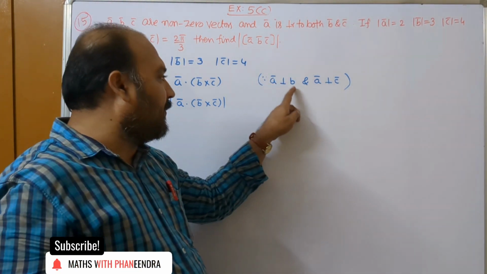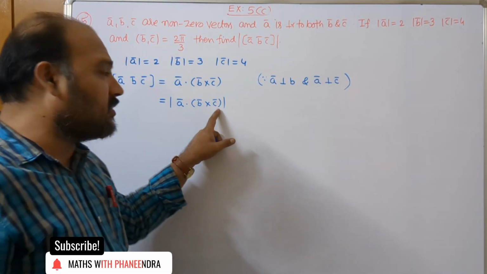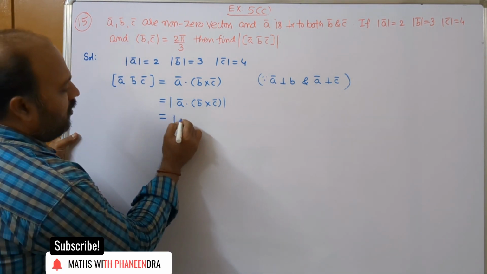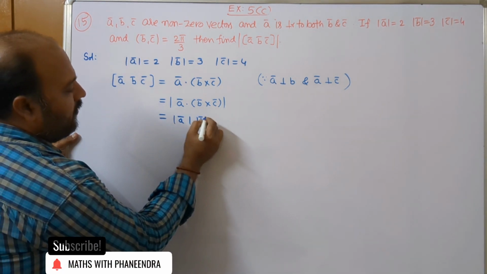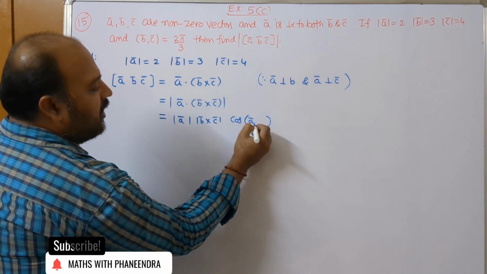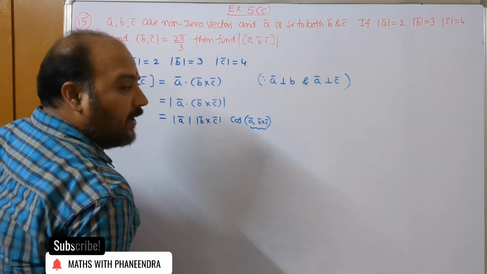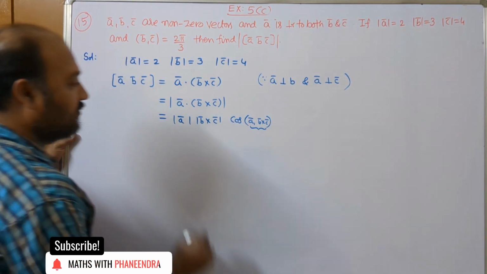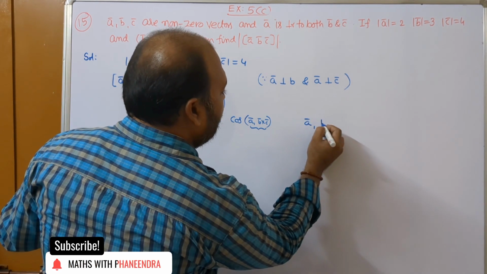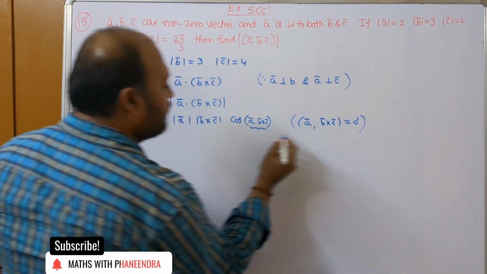Whenever A is perpendicular to B bar and A is perpendicular to C bar, B bar cross C bar is parallel to this one. So that time mod A bar into mod B bar cross C bar into cos of the angle between A bar, B bar cross C bar. The angle between them is 0 degrees.